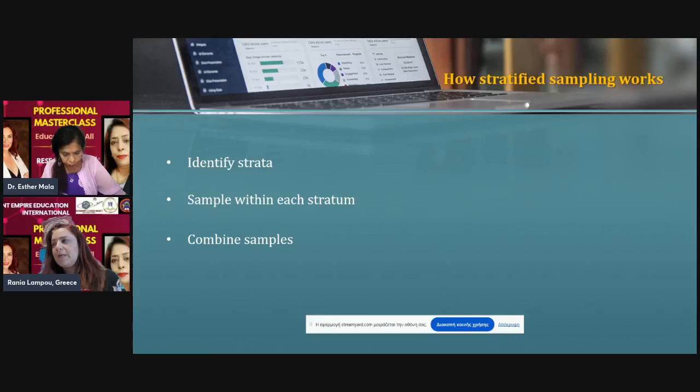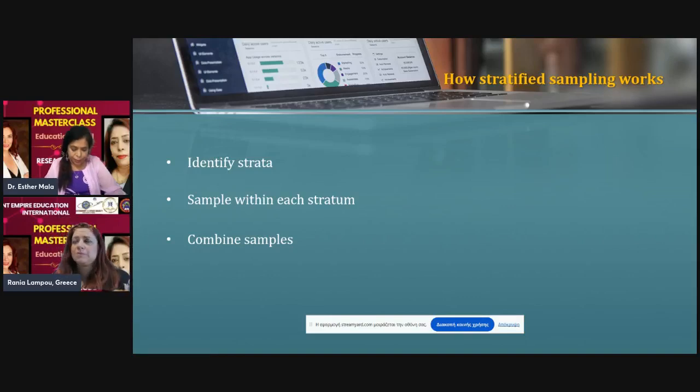Then we randomly select participants from each stratum. The number chosen from each group can be proportional to the stratum size in the population, so proportional stratified sampling, or equal regardless of size, equal allocation. Then we combine the samples from all strata to form the final sample.